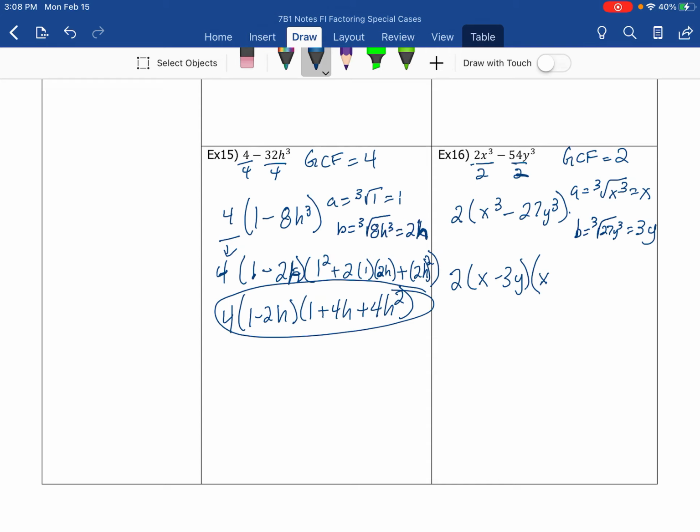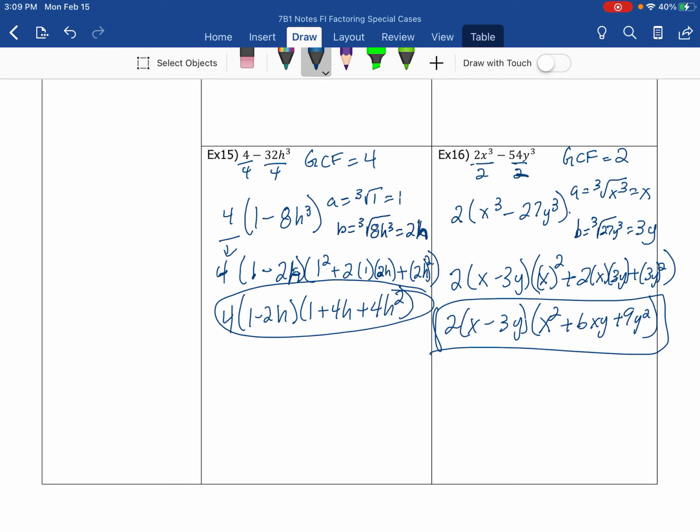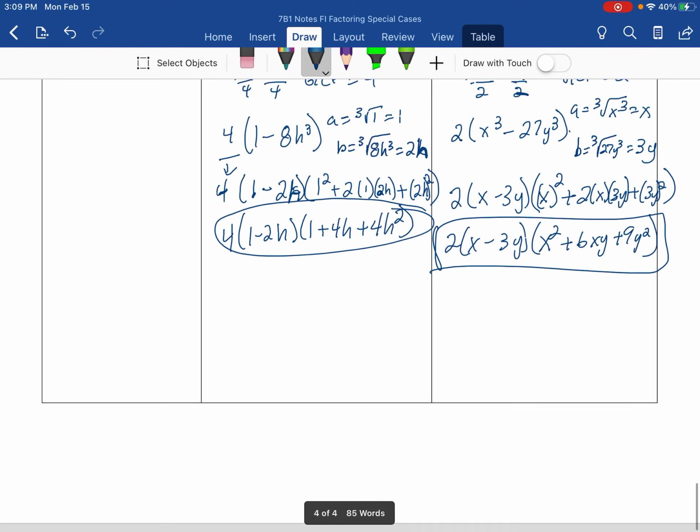And so it's going to be 2 times x minus 3y times x squared plus x times 3y plus 3y squared. So this is just going to be 2 times x minus 3y times x squared plus 3xy plus 9y squared.